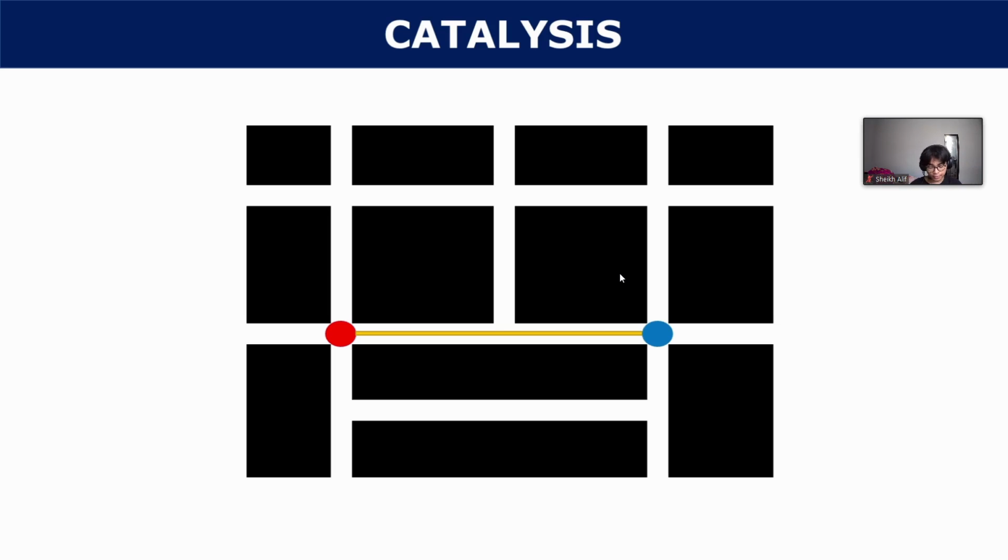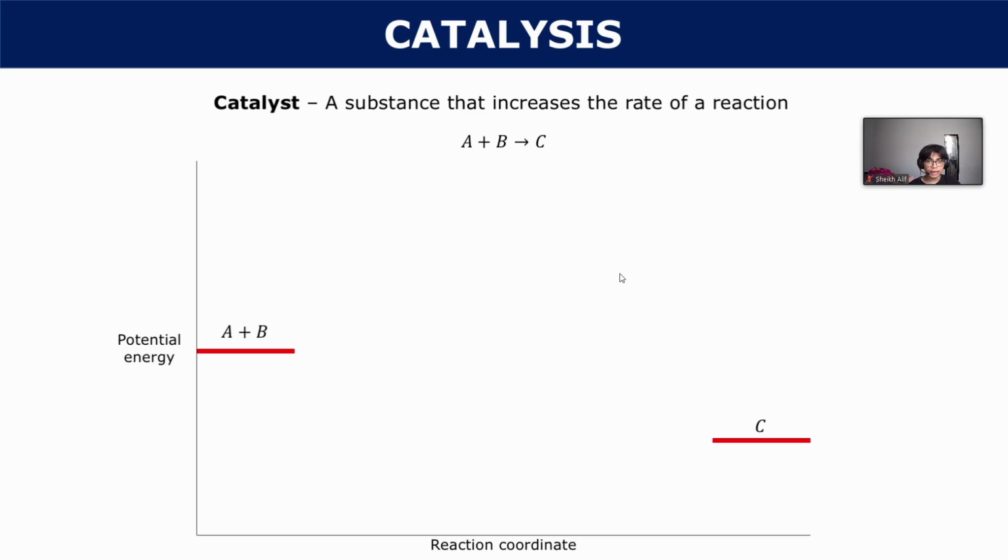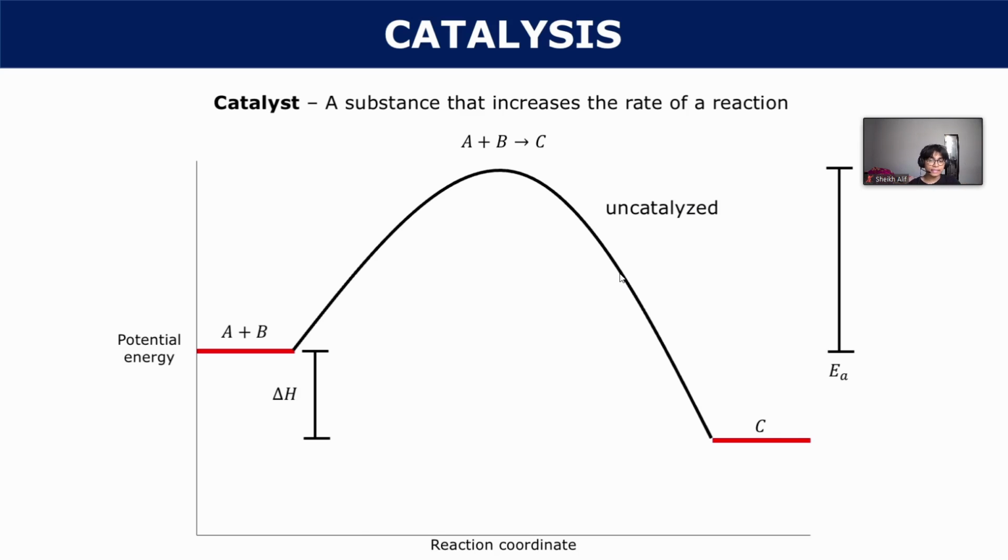Catalysts do a similar thing. A catalyst is a substance that increases the rate of a reaction. The pathway that something might take from A plus B to C without a catalyst is like this. It might go all the way up here and then all the way back down. So you can see the activation energy is high with an uncatalyzed reaction.